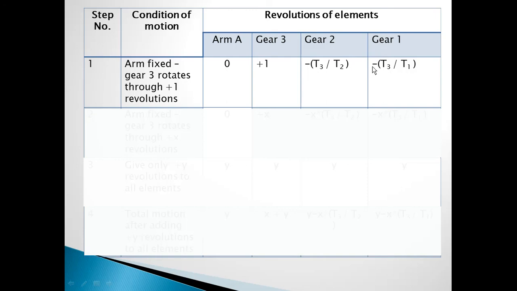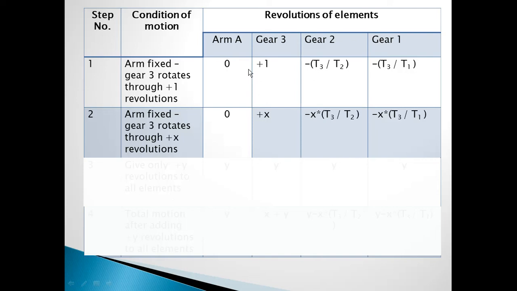That's why a minus sign appears, because when gear 3 rotates in a clockwise direction, gear 2 and gear 1 will rotate in a counterclockwise direction. That's why the minus sign appears for gear 1 and gear 2. This is the condition when we have 0 rpm for the arm, or the arm is fixed, and gear 3 is rotating with plus 1 revolution.